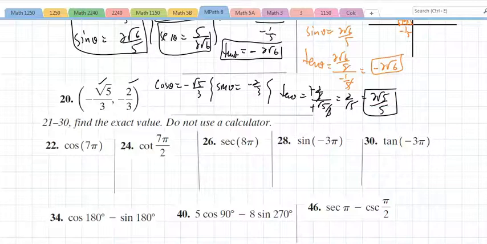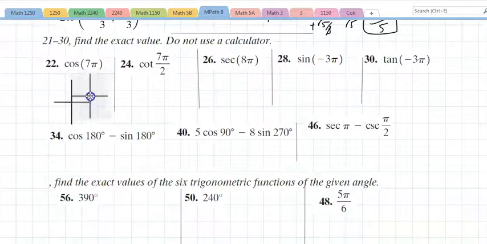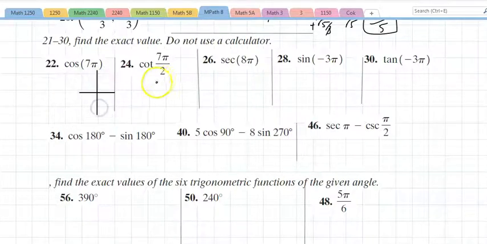Now we get to the actual use of those coterminal angles. Observe how this works. I'd like to know what is the cosine of 7 pi. Isn't this 1 pi, 2 pi, 3 pi, 4 pi, 5 pi, 6 pi, 7 pi?